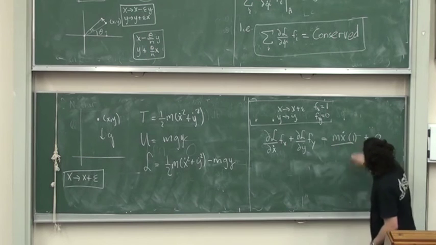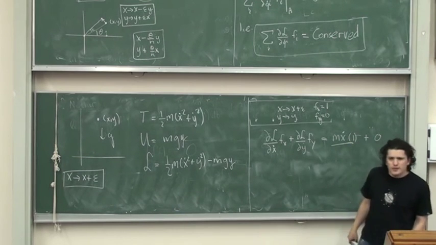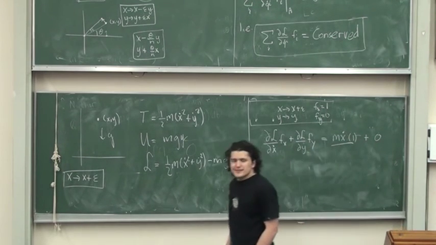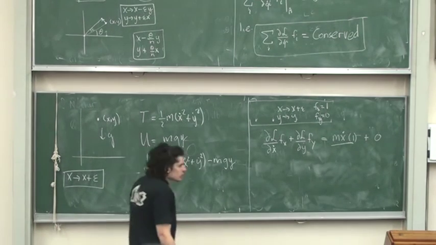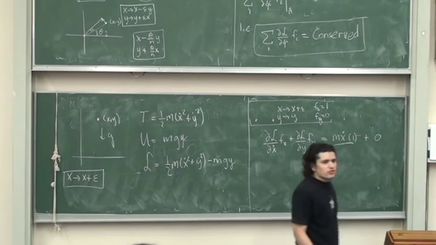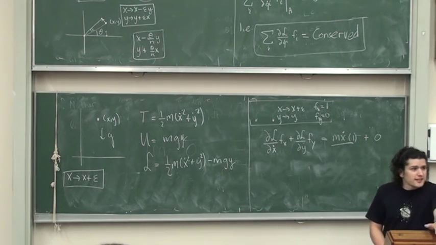So the conserved quantity is m x dot. So what is m x dot? That's the momentum in the x direction. And it's conserved. So we're saying that translation invariance implies momentum is conserved.